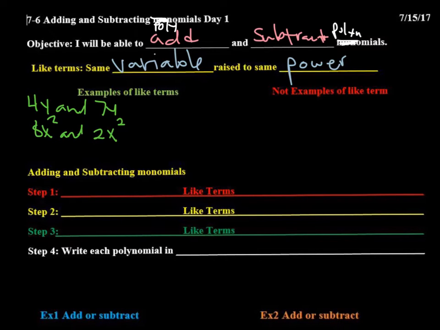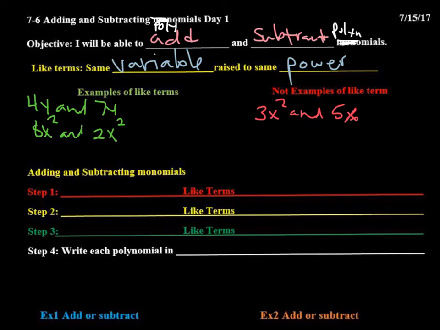Let me give you an example that is not like terms. So something like 3x squared and 5x. They are not like terms because even though they are the same variable, they do not have the same power. This one has a power of 2 and this one has a power of 1.